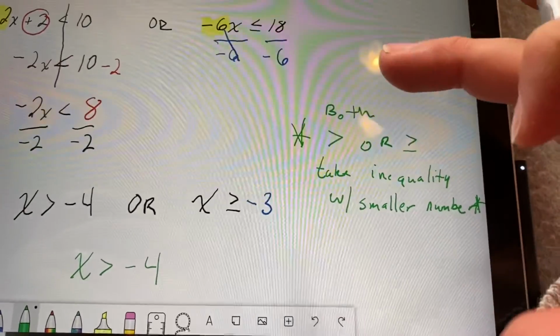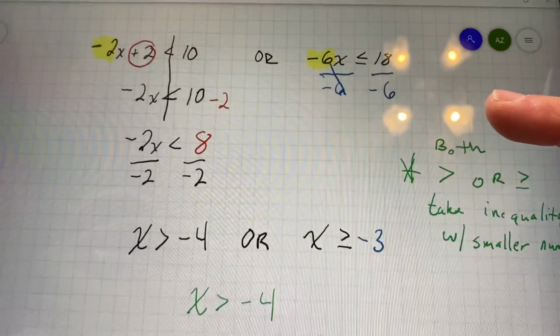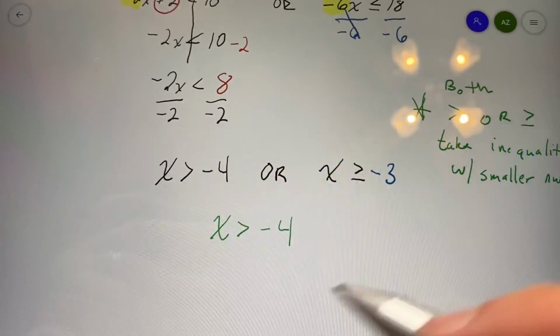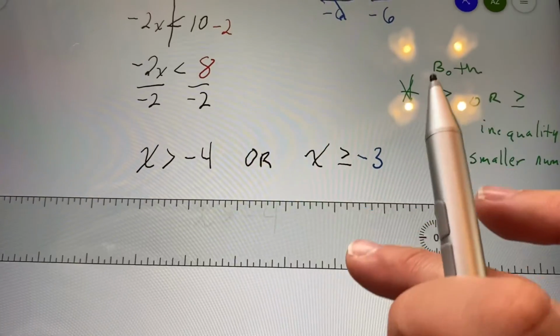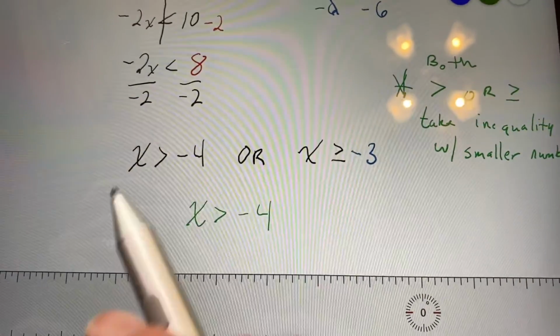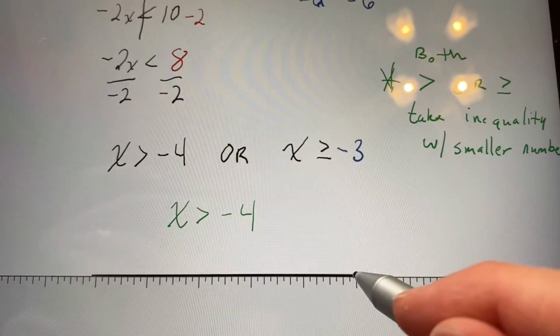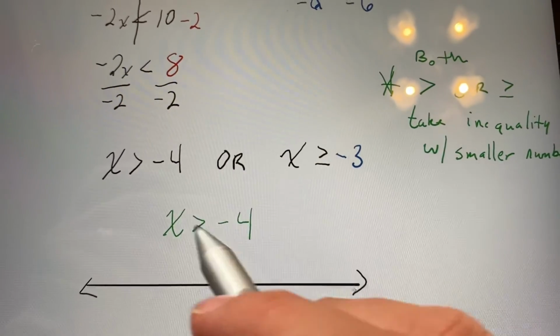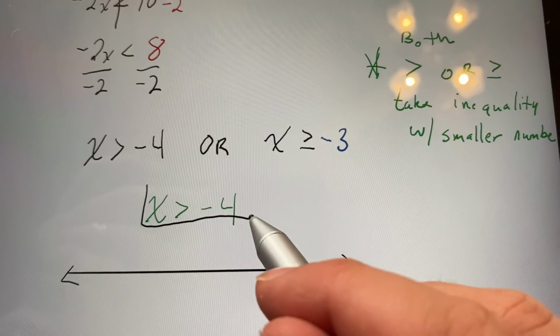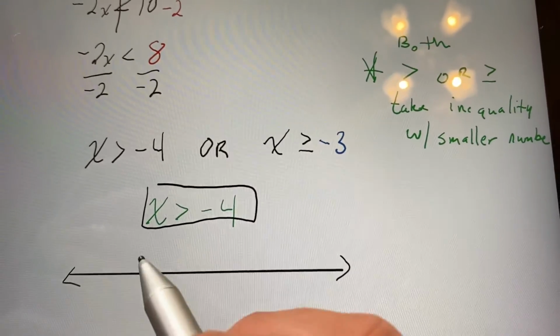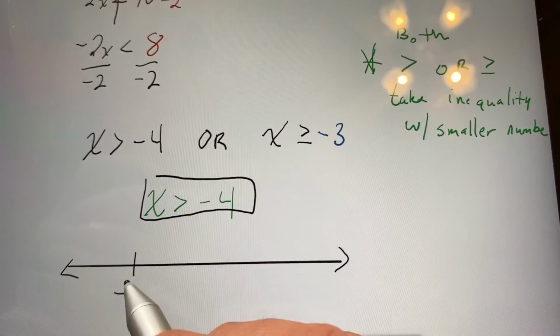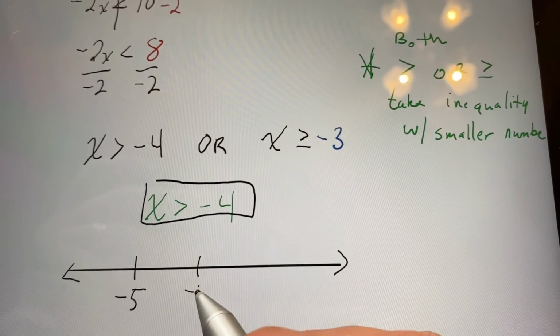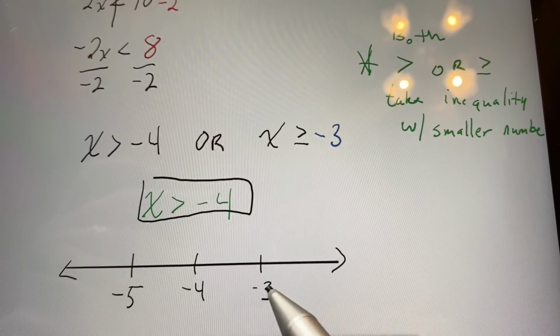Now, they ask you to graph it. So since they ask you to graph, all you're doing is graphing this. So you have -5, -4, -3.